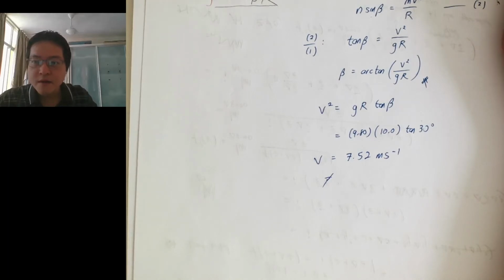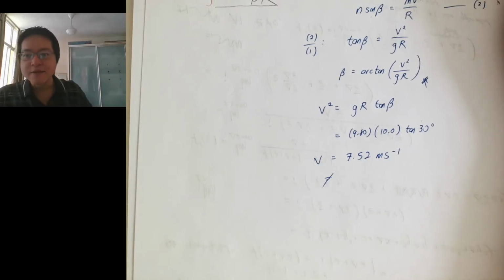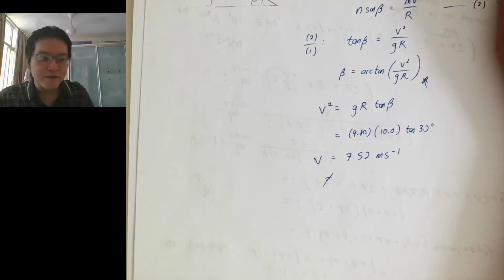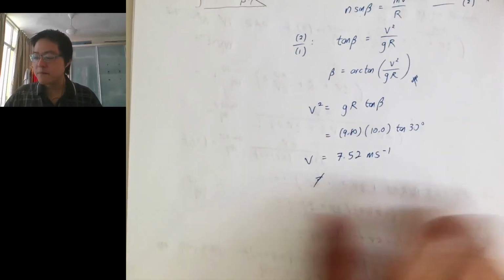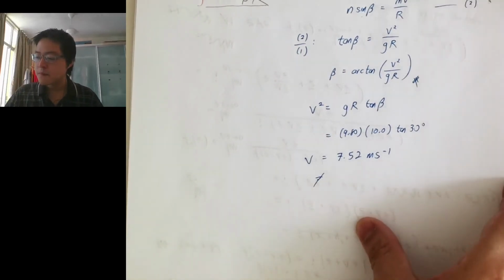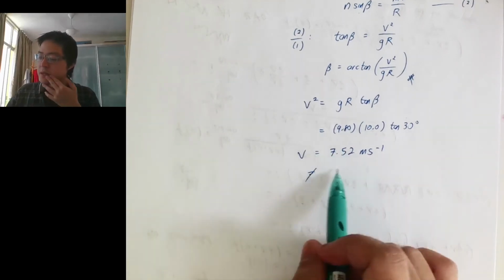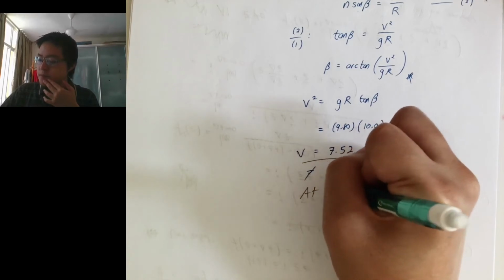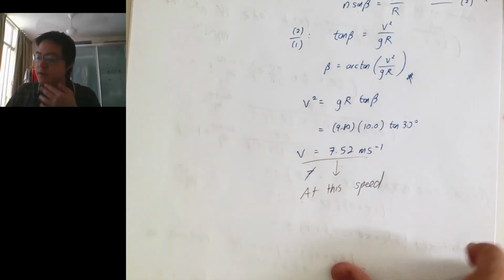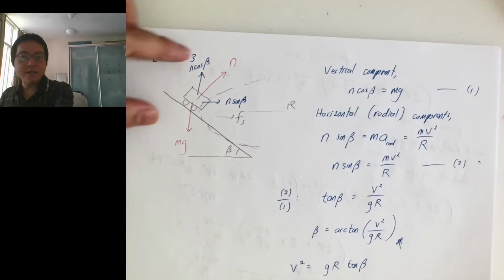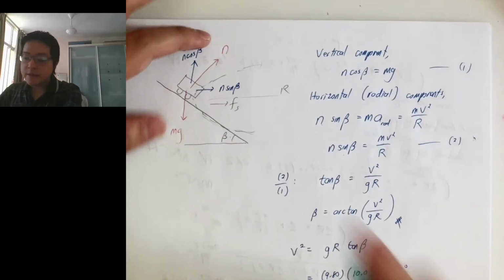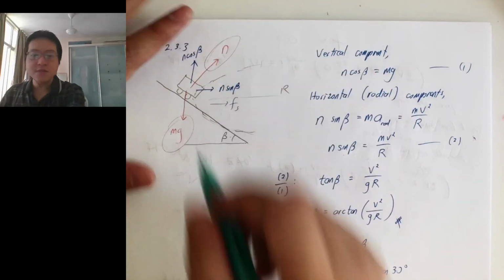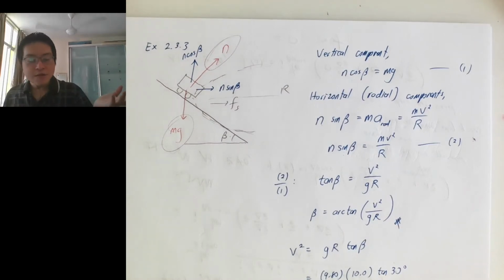During the bicycle. Oh, the bicycle is even more complicated. The v equals to 7.52. So for Charles' question, at this speed, remember we derived this equation by assuming this free body diagram, and assuming this free body diagram means there are only two forces, there is no static friction.